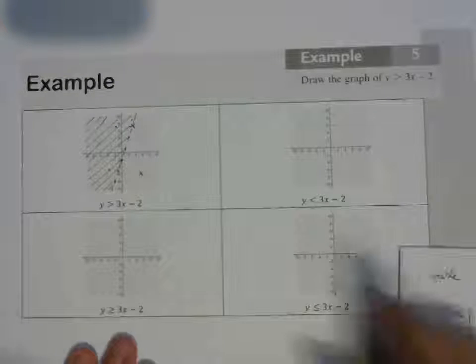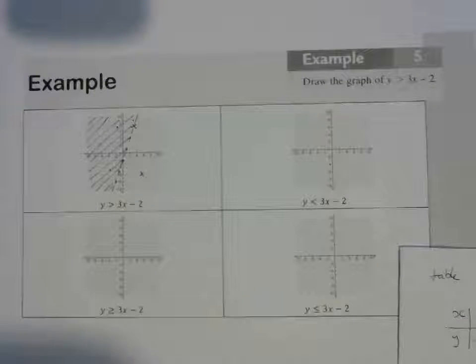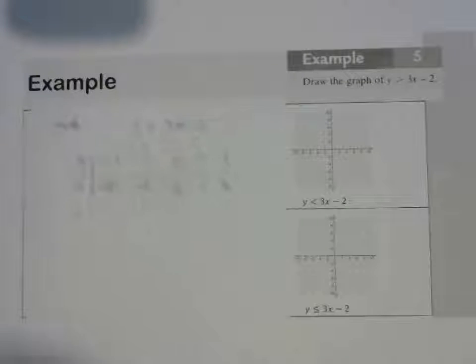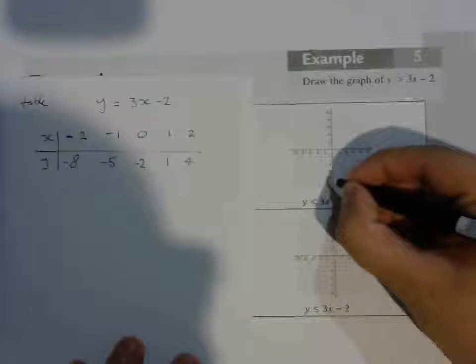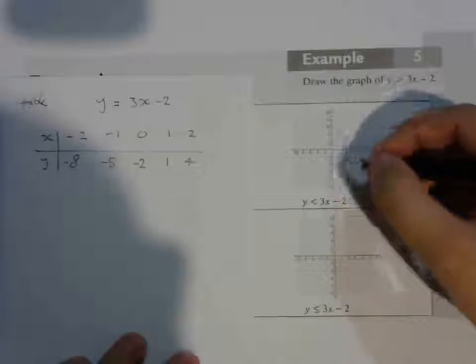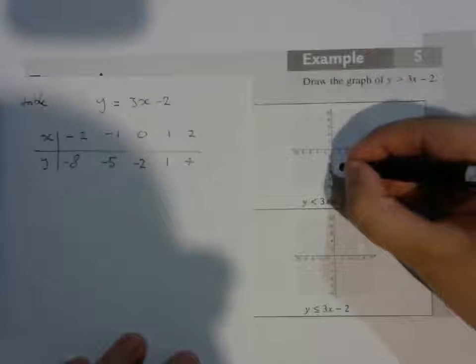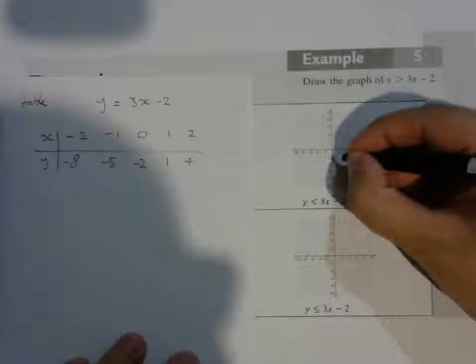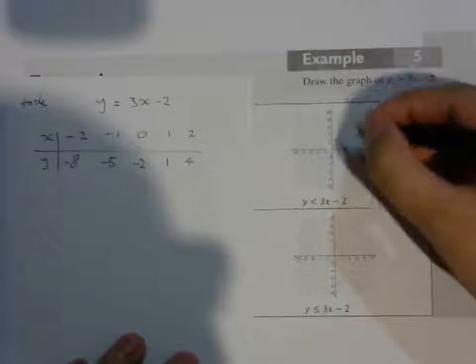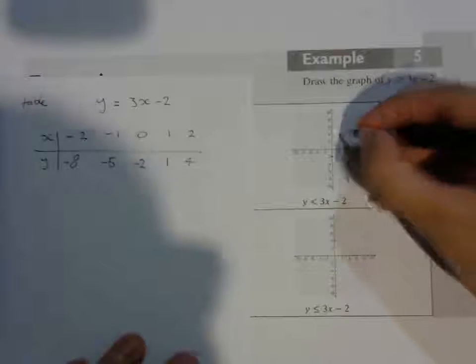Let's try that with y is less than 3x minus 2. So again, it's the same values from the table. So plot those: -2, -8, -1, -5, 0, -2, 1, 1, 2, 4.